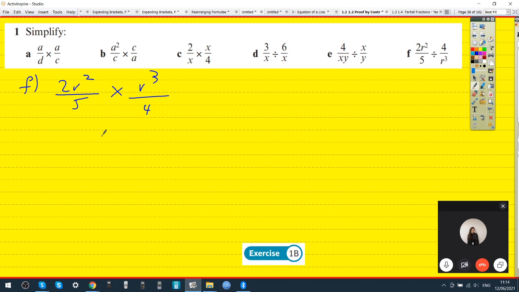Could you factorize the one on the top left? No. Anything you can cancel? Oh, the r squared and the r cubed, right? That would work if one was on the bottom, but they're both on the top.